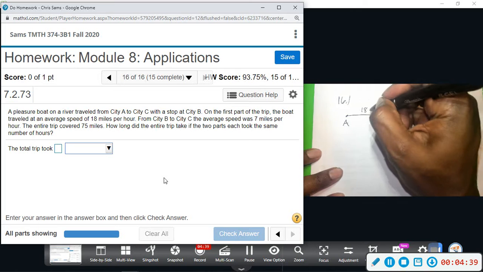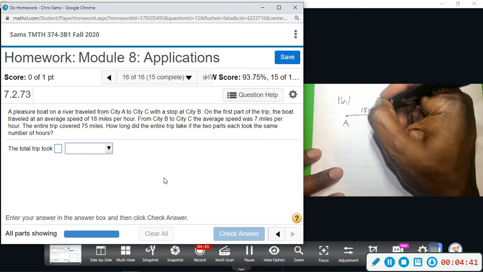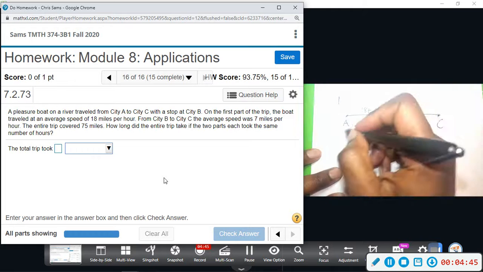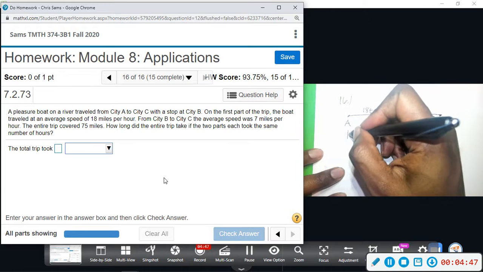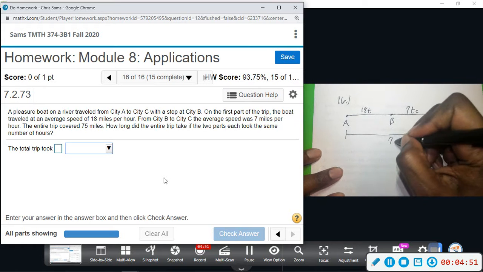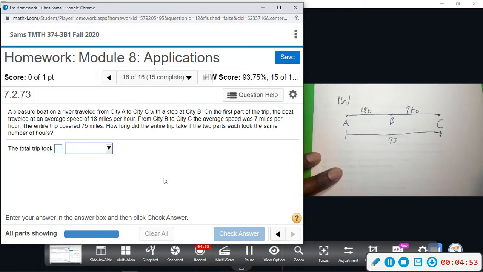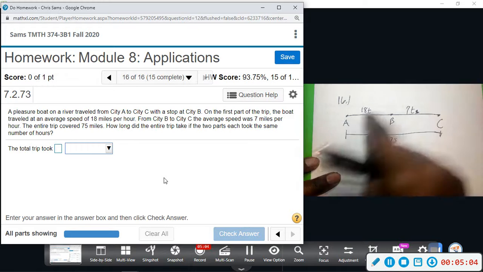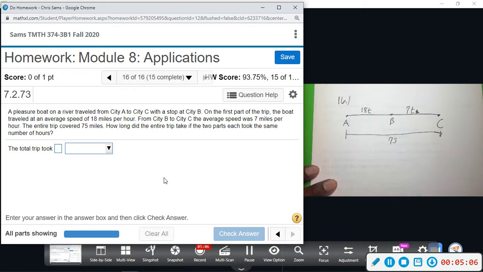So 18 times some time, and this is some different amount of time. The whole trip, the total distance from here to here was 75 miles. How long did the entire trip take if the two parts each took the same number of hours? So we don't have two different times, we have the same amount of time. This time took just as long as this time. So it's going to be the same setup.